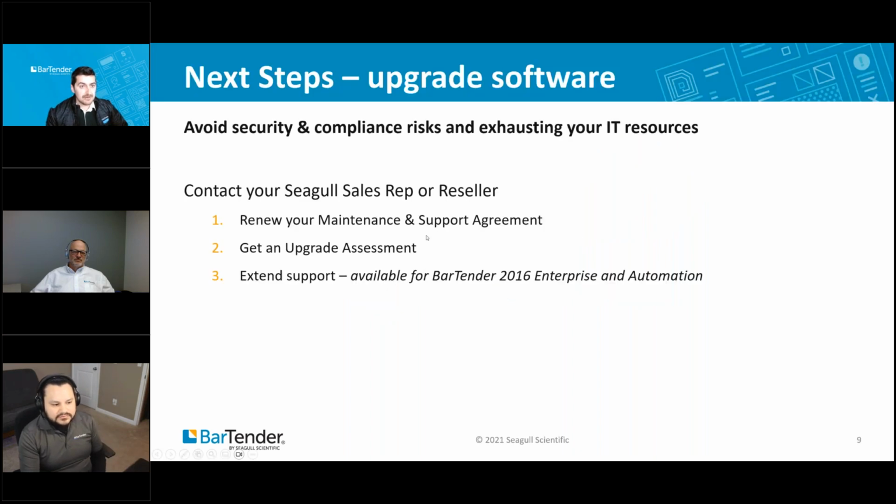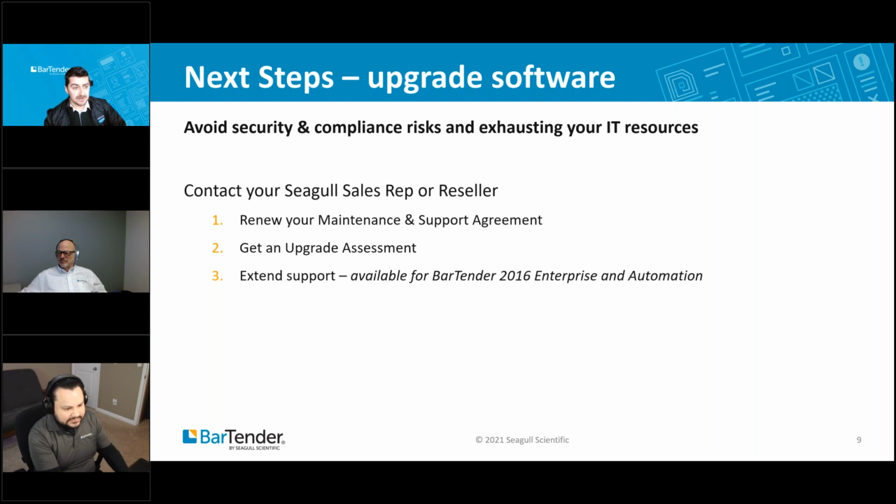Just to recap, at the end of the day, for upgrading your software, what we really want is to make sure that you do not have to deal with any security or compliance risks or continue to exhaust your IT resources unnecessarily. So the three easy things you can do are: one, contact your Siegel sales rep or reseller, and they'll show you your available options, which is to renew your maintenance and support agreement.